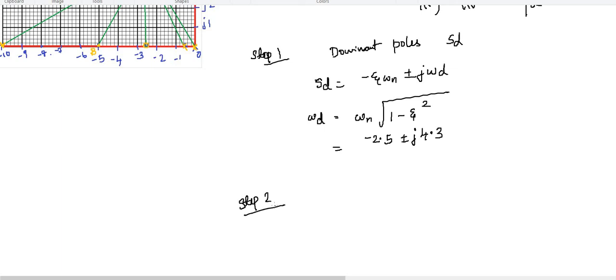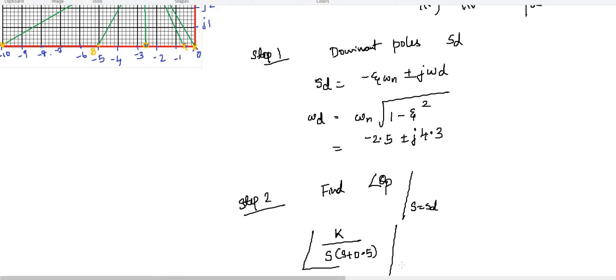Step 2 is to find the angle of the open loop transfer function, that is theta p, at s equal to s_d. We can find it using the equation K divided by s into (s plus 0.5), substituting s equal to minus 2.5 plus j 4.3.